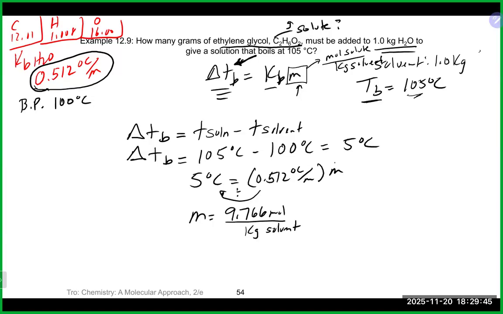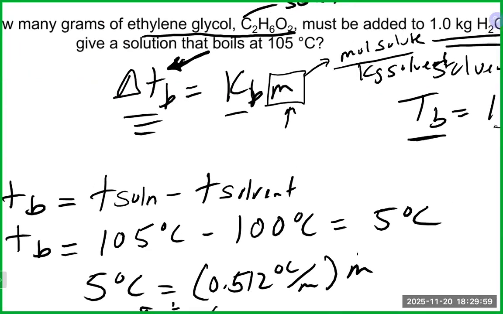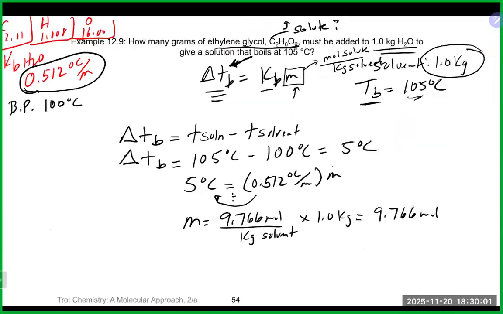Once again, we know how much solvent we have since it was given to us. It was 1 kilogram, which makes the math pretty easy. That's going to give us 9.766 moles of our solute, which in this case is C2H6O2.